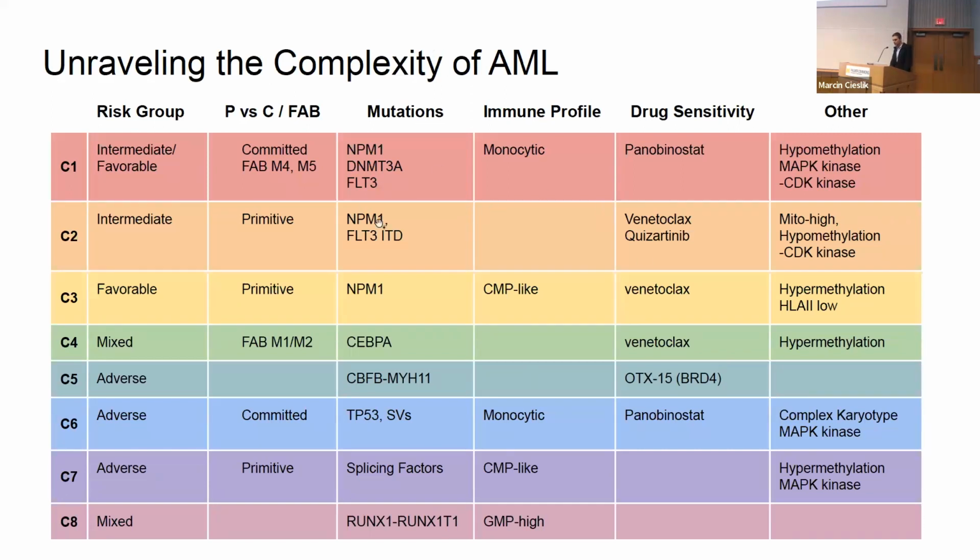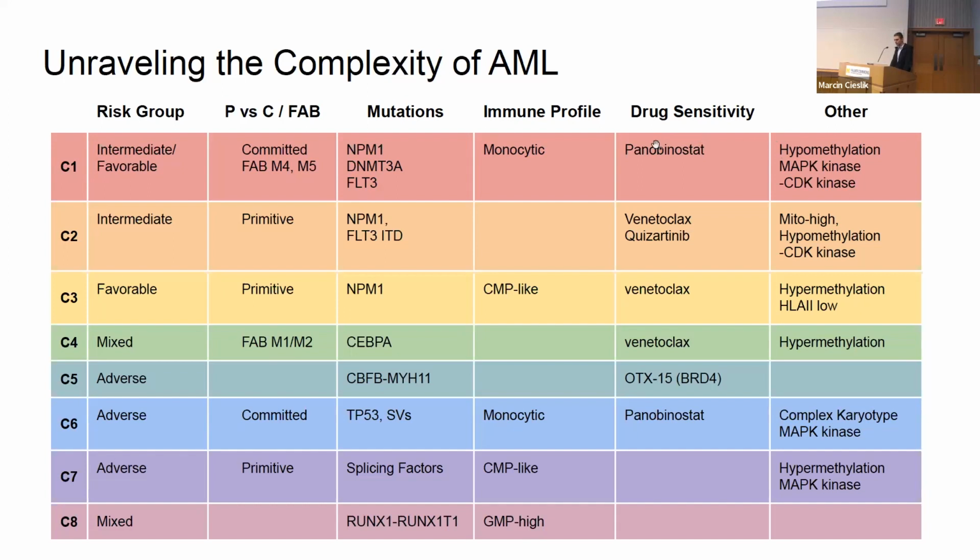Ultimately, this allowed us to piece together this matrix, and this is still a work in progress, where each cluster is given a particular profile of mutations, differentiation, drug sensitivity, and also various other molecular characteristics.